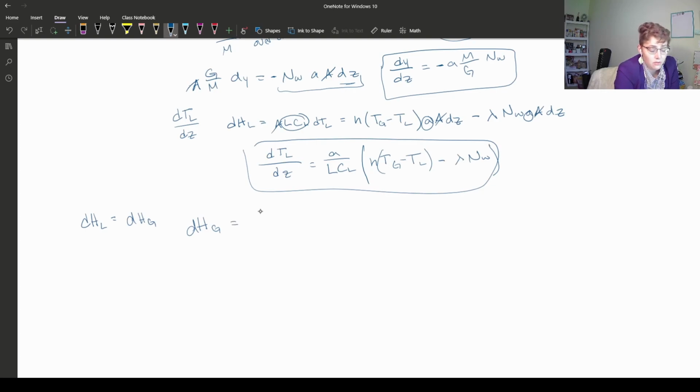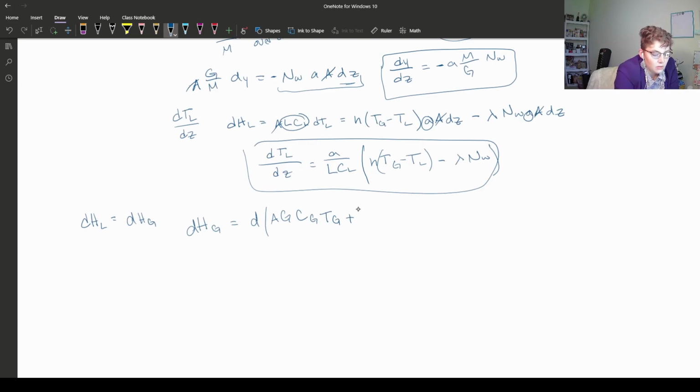And when we look at what's involved with that, we have the gas flow rate, of course, times the cross-sectional area. We also have the specific heat of the gas, as well as the temperature of the gas.